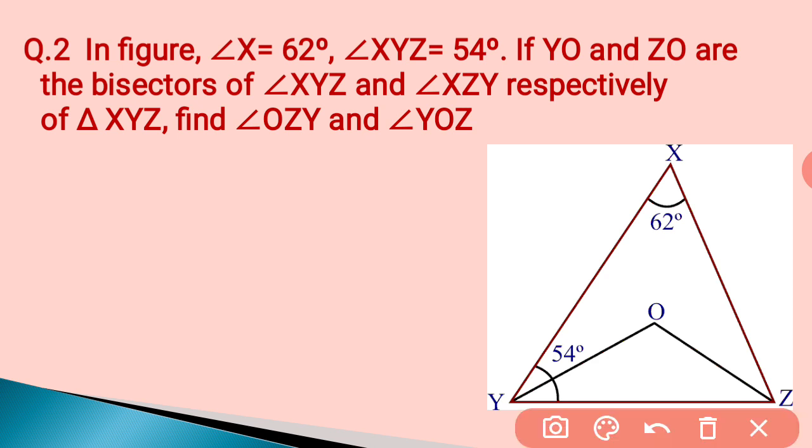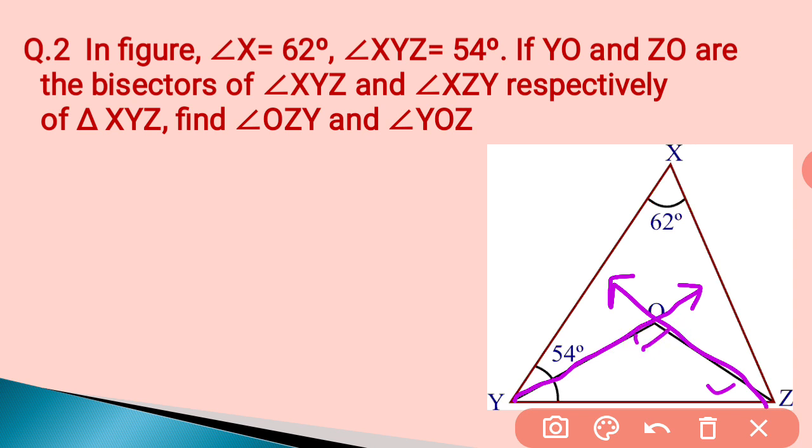Now here YO is told to be an angle bisector. Moreover, ZO is again an angle bisector. So the angles get divided into equal parts. With this knowledge, we are told to find out the measure of angle OZY, that is this angle, and angle YOZ, that means this angle.